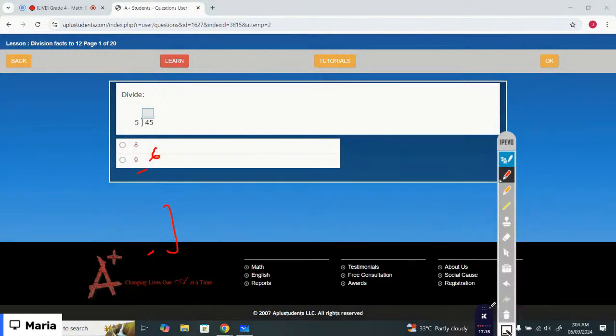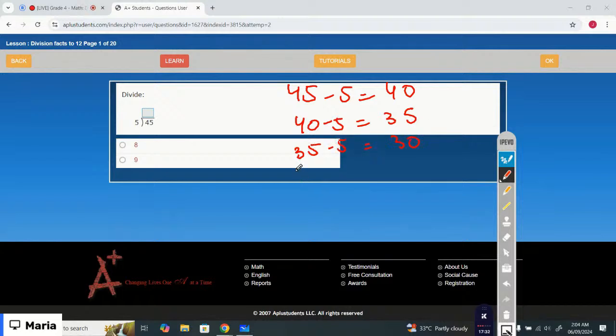You have to subtract 5 again and again until you have 0. 45 take away 5, 40. 40 take away 5, 35. 35 take away 5, 30. 30 take away 5, 25. 25 take away 5, 20. 20 take away 5, 15. 15 take away 5, 10. 10 take away 5, 5. 5 take away 5, 0.